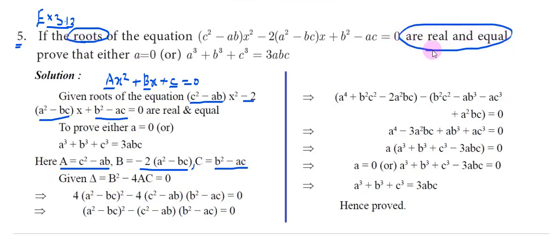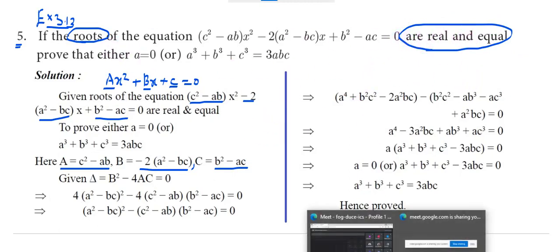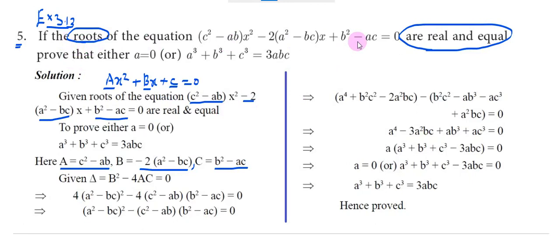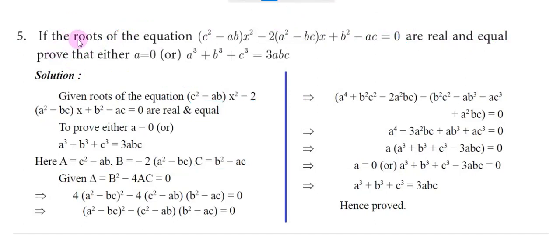Roots are real and equal means the del value, that is the discriminant, equals 0. So B² − 4AC = 0.